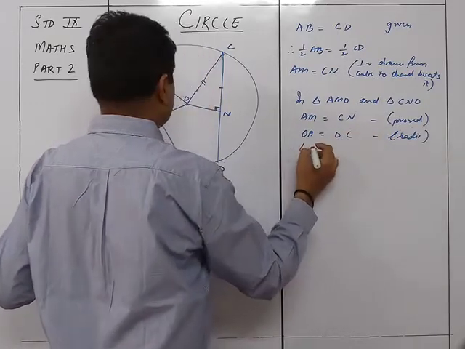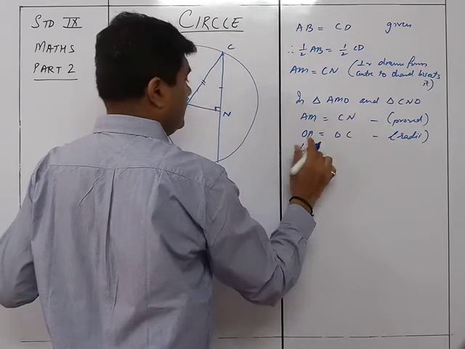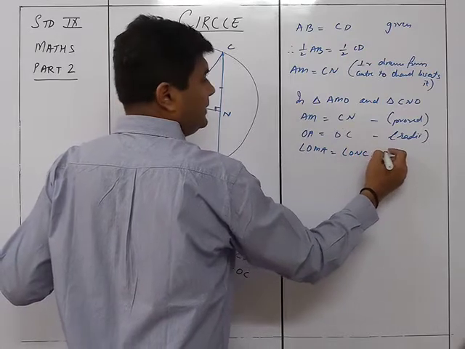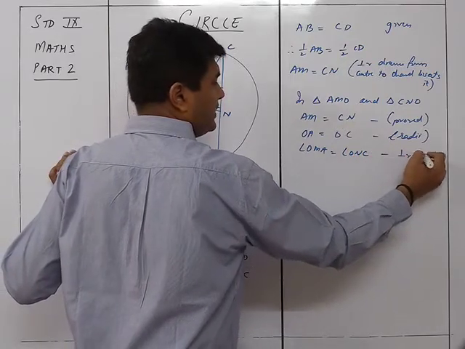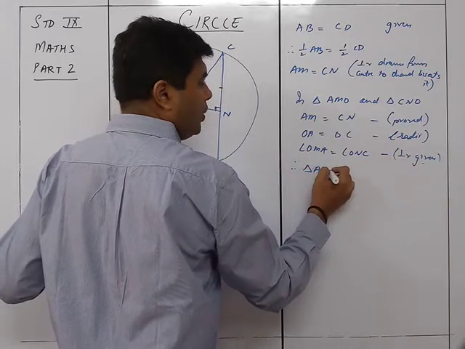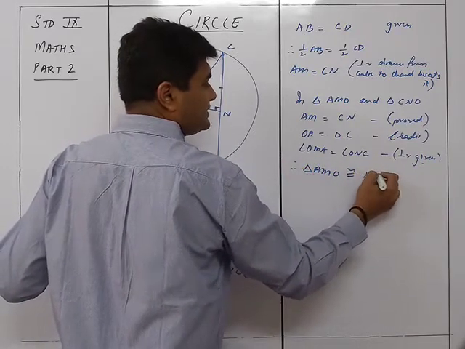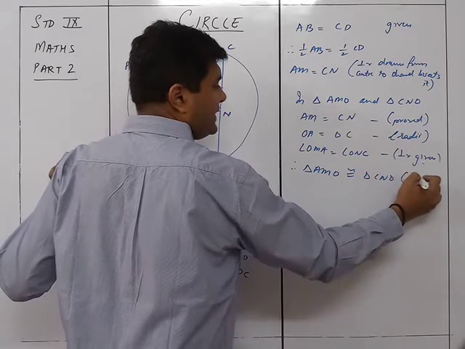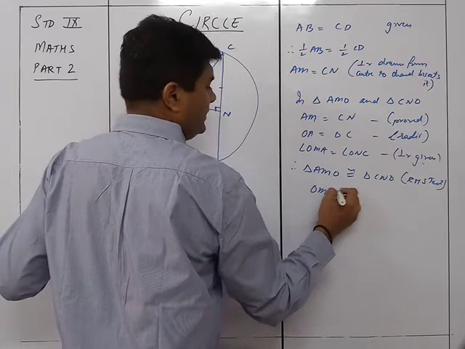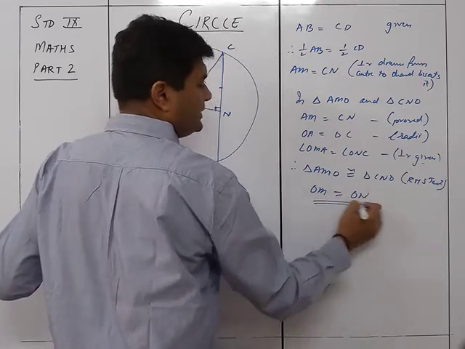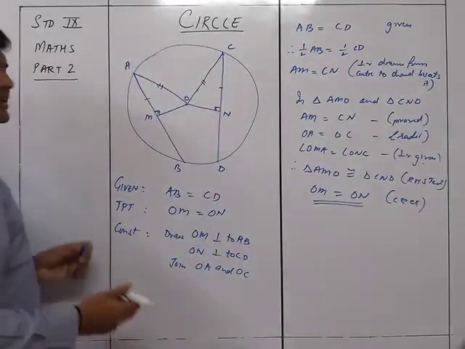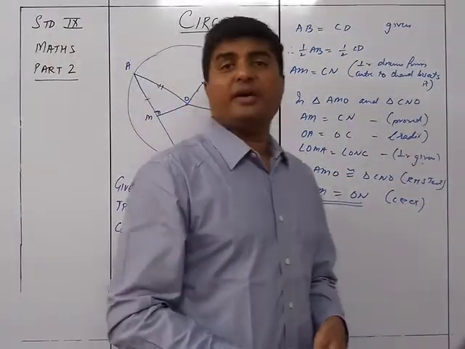And angle OMA is equal to angle ONC, that is perpendicular, given. Therefore, triangle AMO is congruent to triangle CNO by RHS test, and accordingly we have OM is equal to ON. That's by CPCT. So this is how we are proving the third theorem.